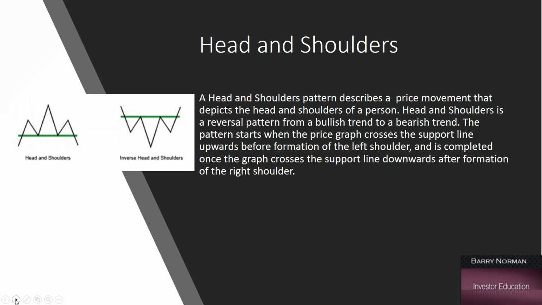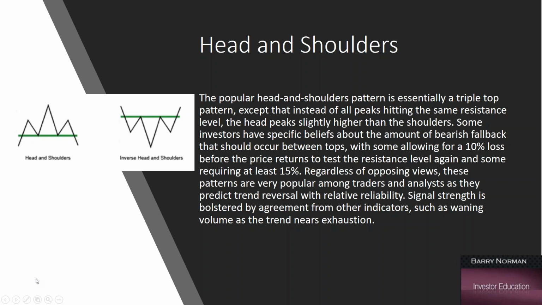It is based on the psychology of the markets. Now, the popular head and shoulders pattern is essentially a triple top pattern, except that instead of all the peaks hitting the same resistance level, the head peaks slightly higher than the shoulders. Some investors have specific beliefs about the bearish fallback that occurs between the tops, with some allowing for a 10% loss before the price returns to test the resistance level, while some require 15%.